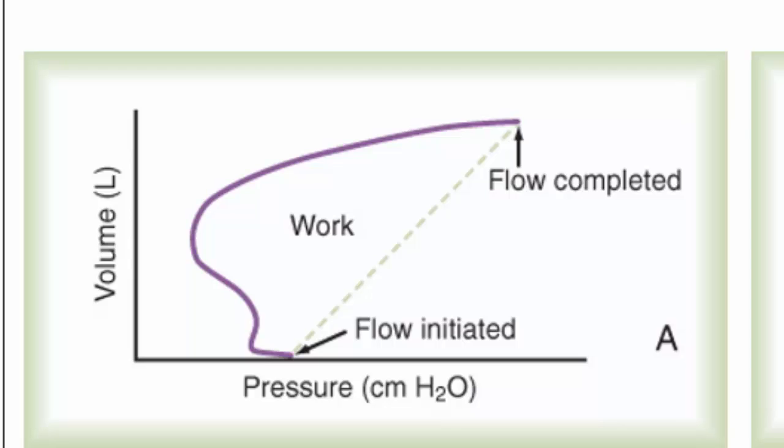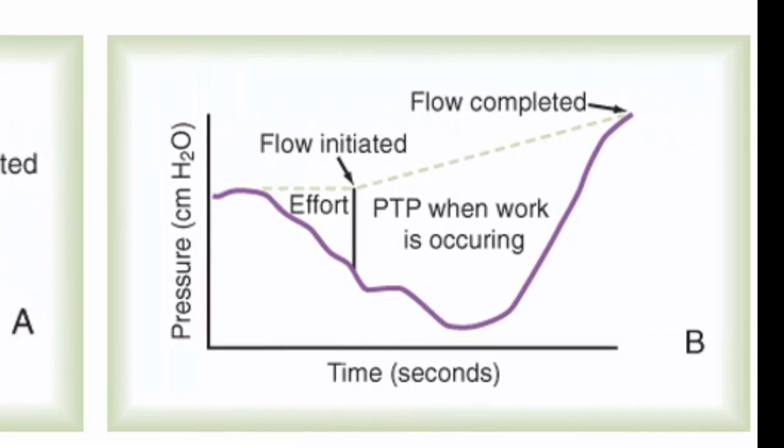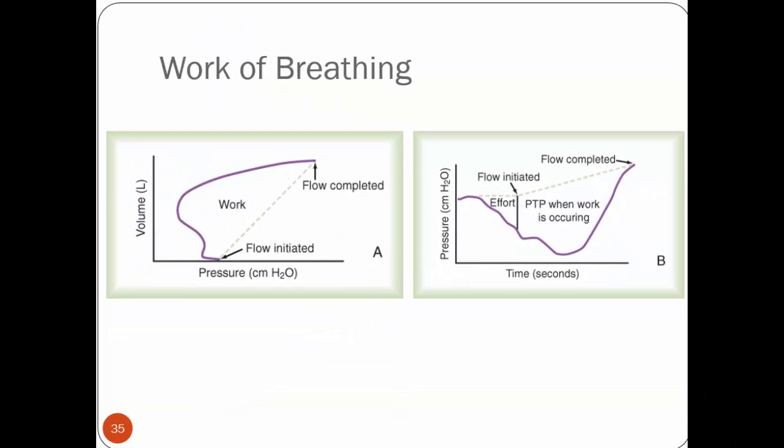Areas of work and the pressure time product, which is PTP, are not directly comparable because work of breathing units are pressure and volume, and pressure time product units are pressure and time. Those differ. The area of effort in the total pressure time product area occurs before and in addition to the work measurement.